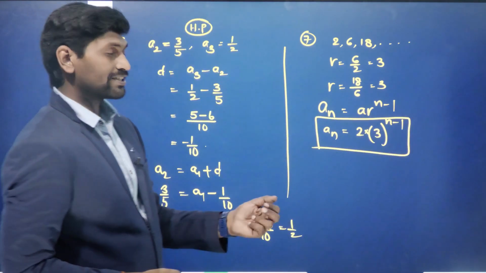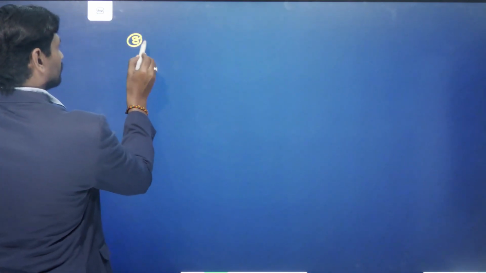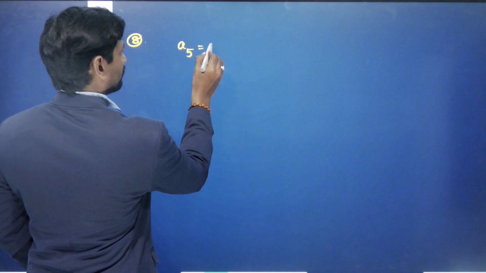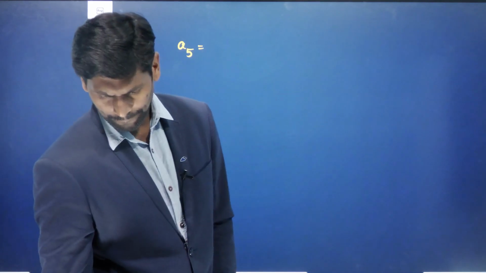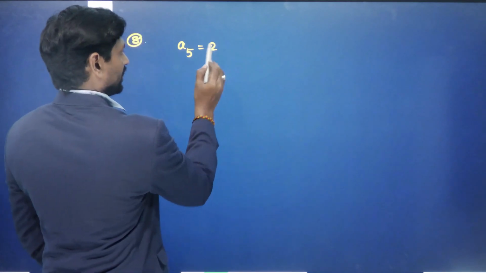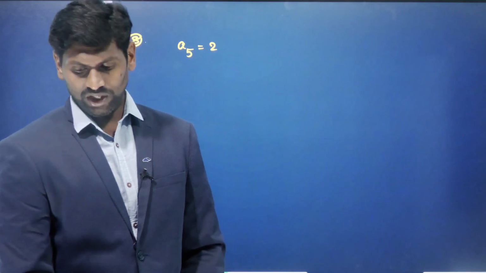Let us go to the next problem. If the fifth term of a GP is 2, we take A5 as 2, then we need to find the product of 9 terms.